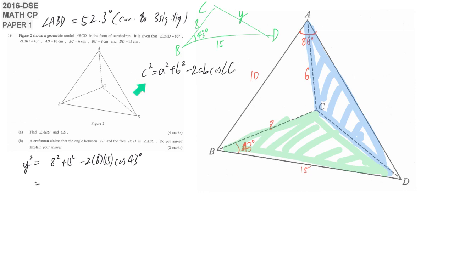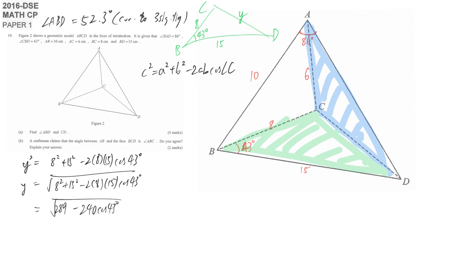If you're aiming for 5 star, you should know how to prove this one. But anyway, now all these are values. Then the only thing we have to do is just take the square root on both sides. We use the calculator.